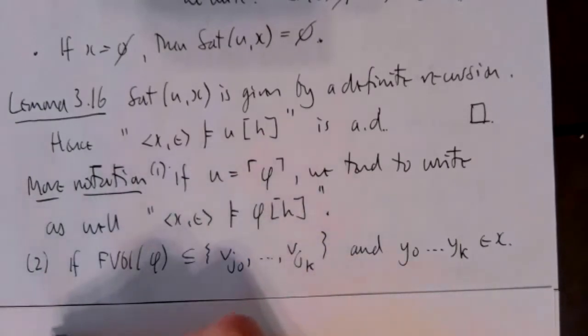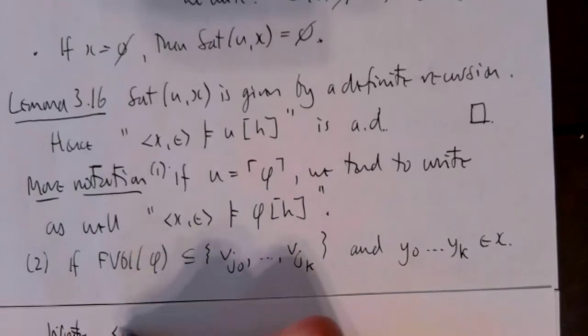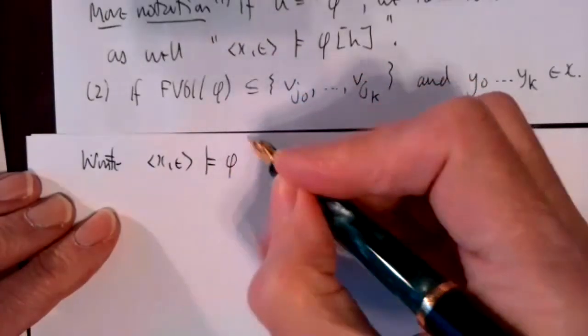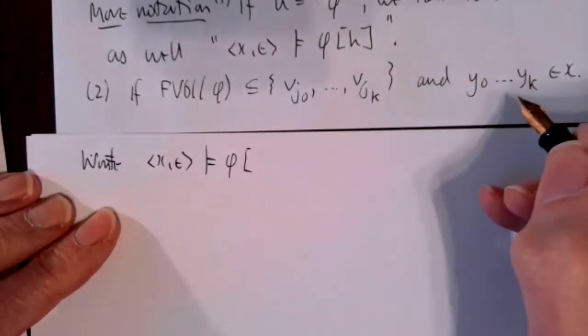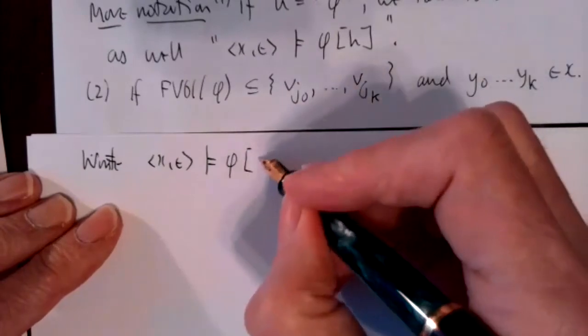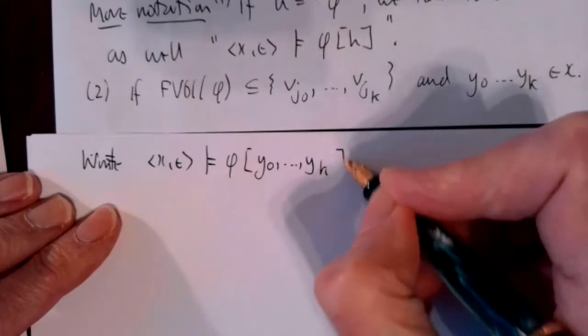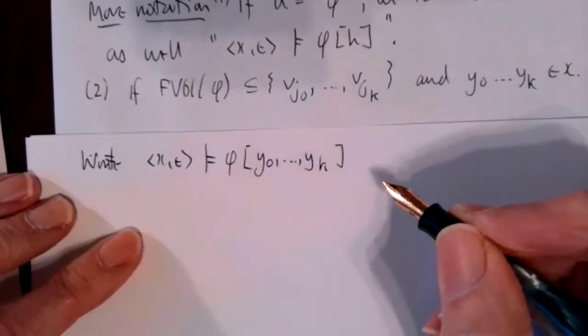So we write X epsilon formula phi, and now I'll just put in here y0 to yk in these square brackets here, right?